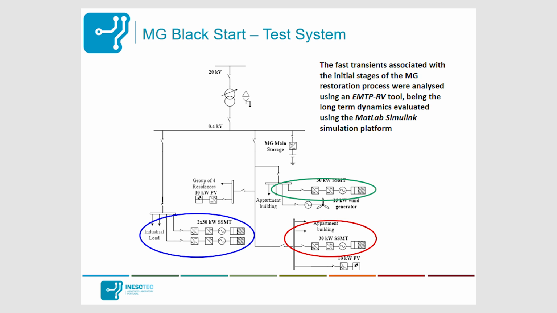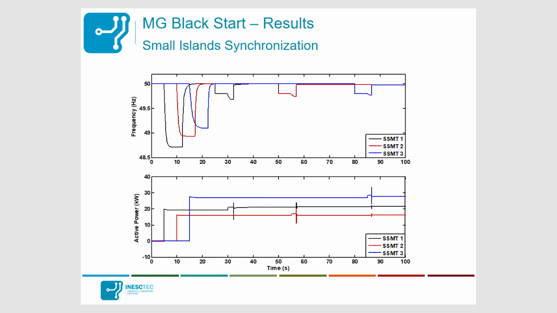For the fast transients, we did not use MATLAB, we used EMTP-RV, and for the long-term dynamics, it was the MATLAB simulation platform that I just presented to you. And this is the result. You can see the frequency, the way our frequency has evolved.